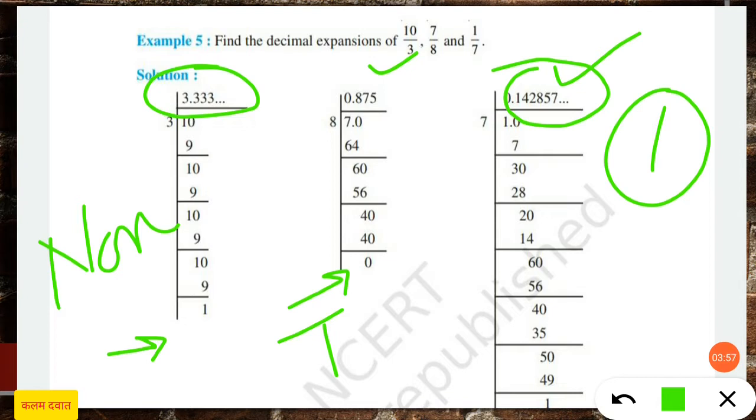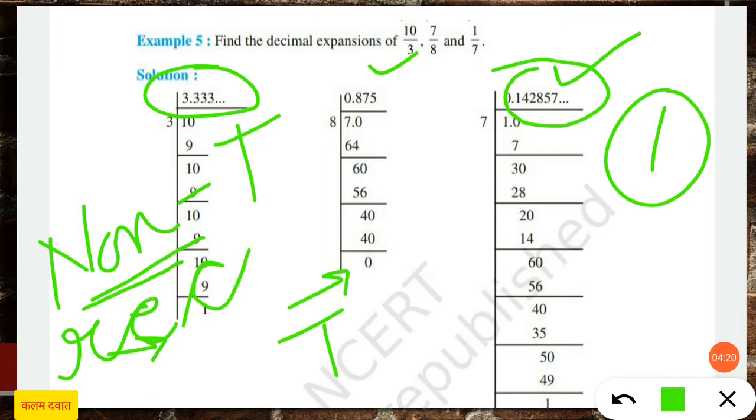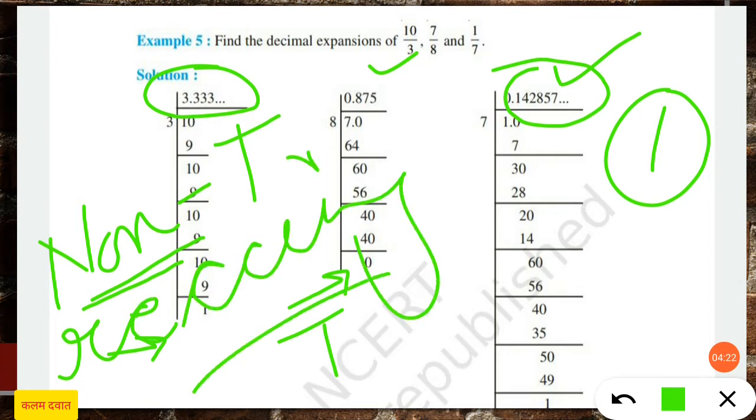But if a rational number is not giving a 0 in the remainder after dividing many times, and the term is repeating and unending, we call this non-terminating. It is repeating itself, so non-terminating recurring, where recurring means repeating. So this type of decimal expansion is said to be non-terminating recurring. This is the second case, and terminating is the first case.